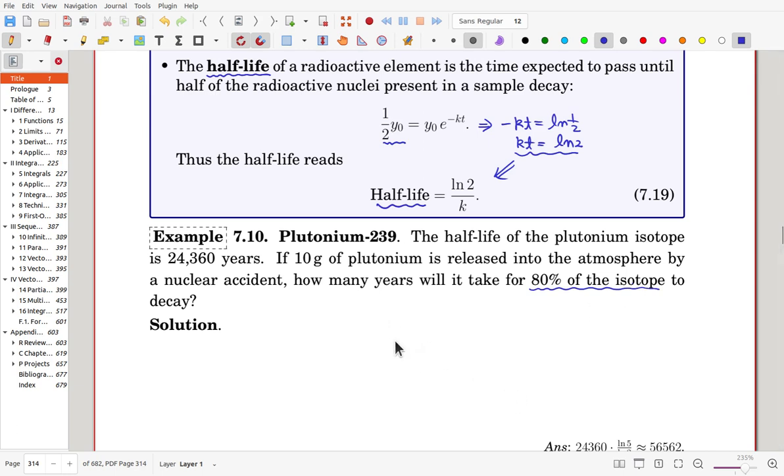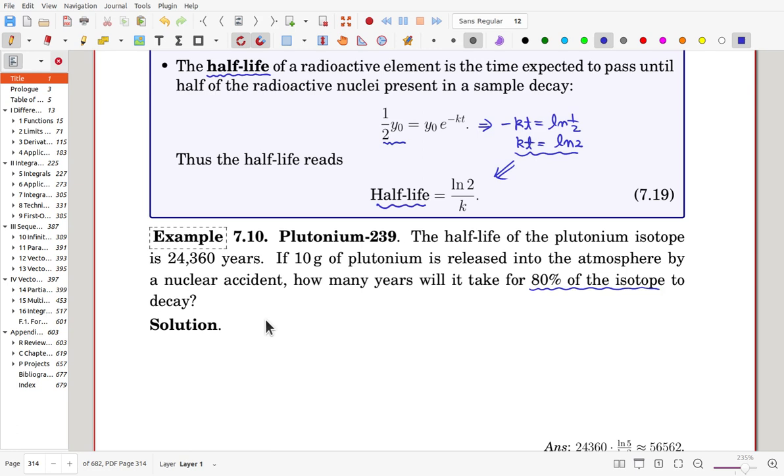So the remaining part is only 20 percent. Now we'll use the information to decide k and time. Right now the question is about time, for the isotope to become 20%, but first we have to decide k.